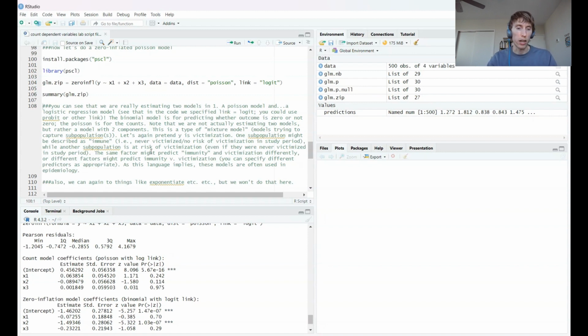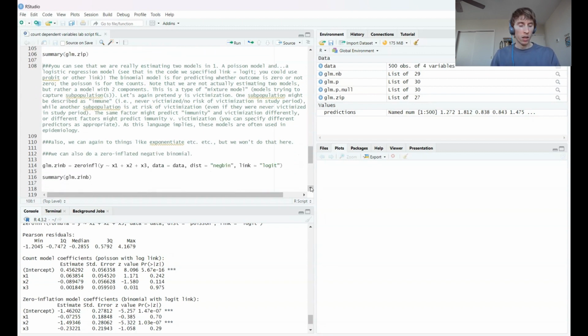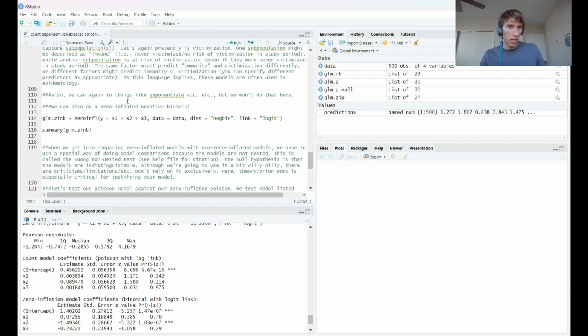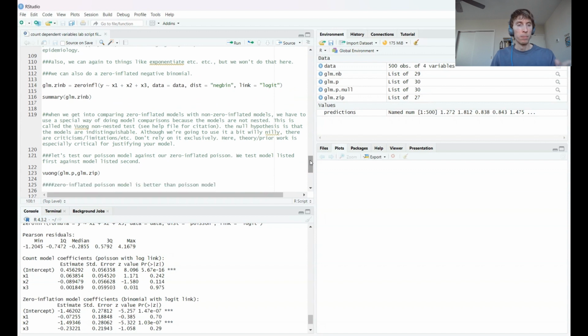So using that crime victimization example, you might include one set of factors that relate to risk of being victimized by a particular type of crime, and this other set of variables is related to immunity. But it definitely can be quite tricky. So you just want to make sure you have some strong justification for whatever you decide to do.